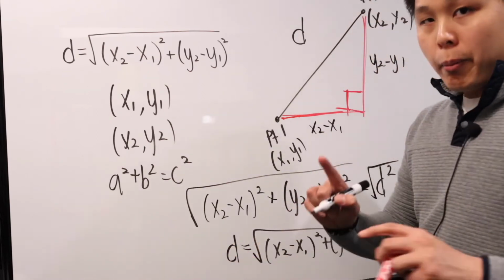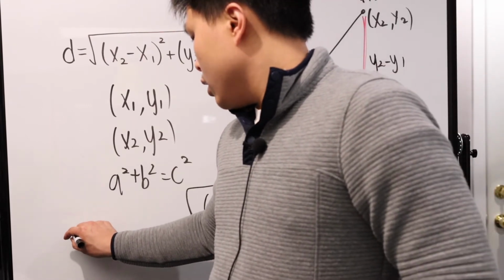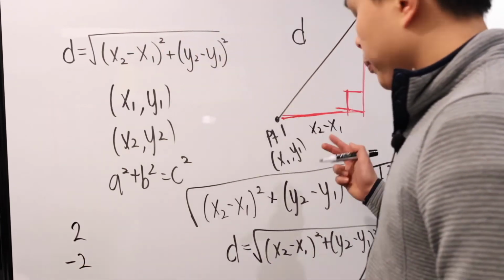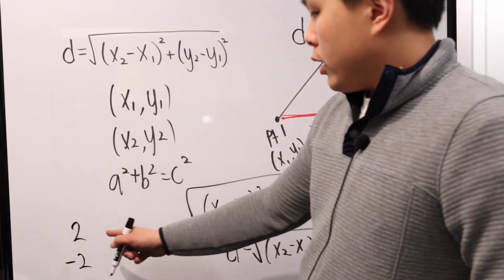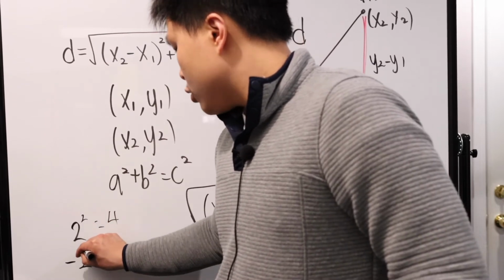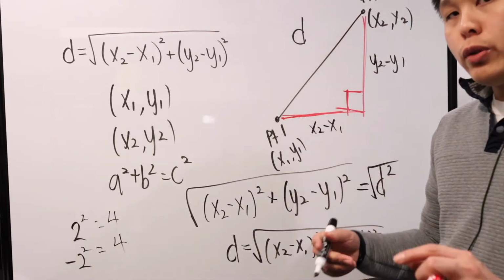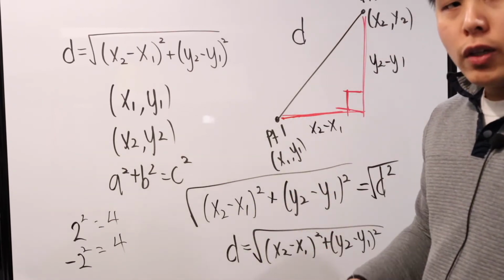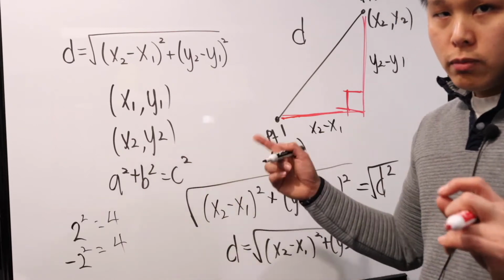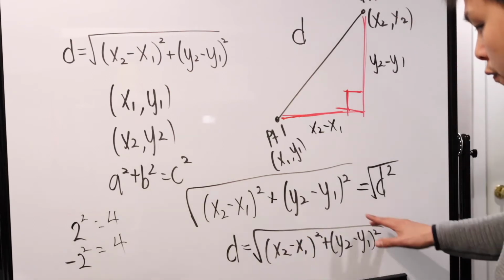Let's just imagine, I'm going to make up a number, that after you subtract it, it's 2, or negative 2 if you flip it over. 2 squared is 4. Negative 2 squared, still 4. And that's the same for all numbers, right? 2 negatives multiplied together is going to be positive. 2 positives multiplied together is going to be positive. So if you're squaring it, all the negatives are going to disappear and they're going to be positive. So that's why this formula works.